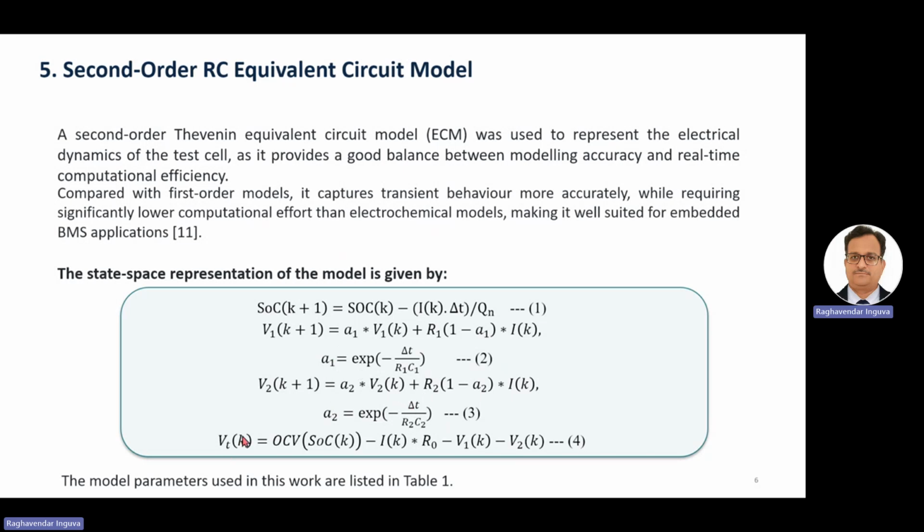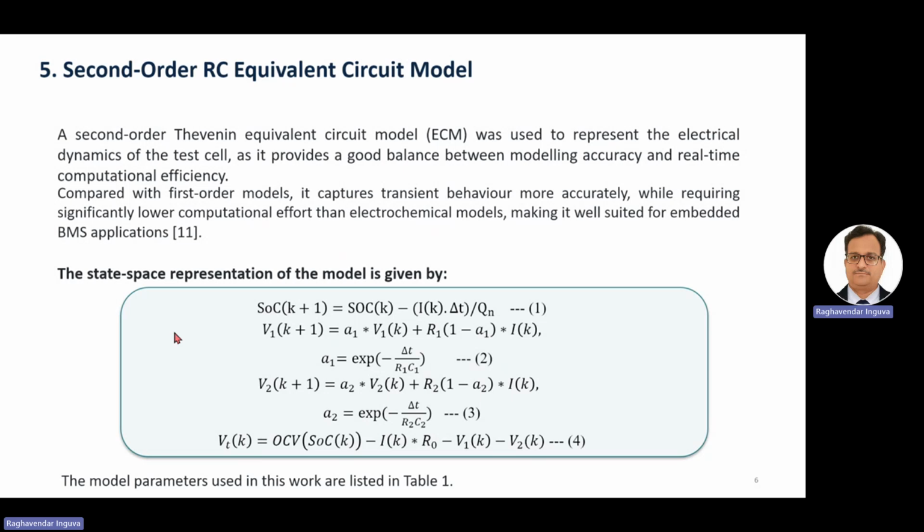So the terminal voltage is calculated as the open circuit voltage pertaining to the state of charge at the kth interval, reduced by the internal voltage drop, and the voltage drops of RC circuit 1 and RC circuit 2. So that will be taken as the terminal voltage.